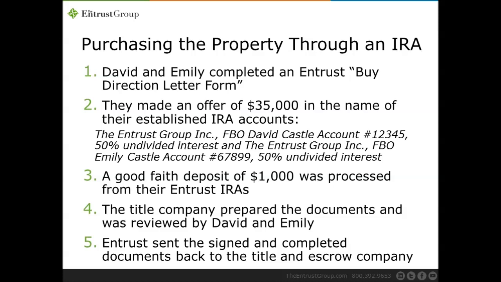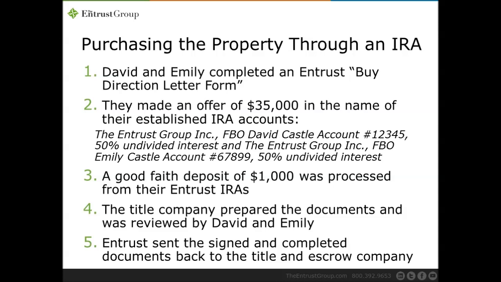And then it also lists the second buyer, which is the Entrust Group FBO, the wife, Emily Castle, account number, her account number, also 50% undivided interest. So a good faith deposit of $1,000 was requested, so we processed $500 from each of the retirement accounts that was requested by our clients through the buy direction letter.